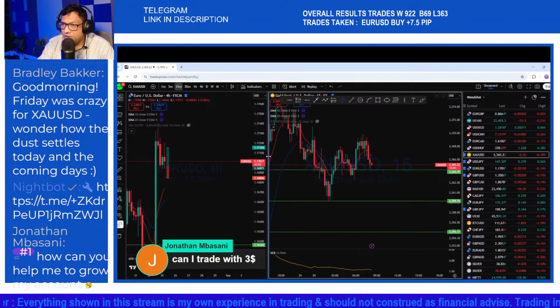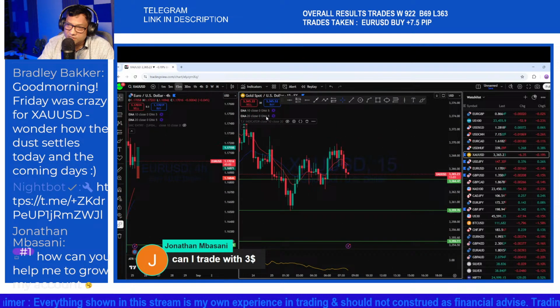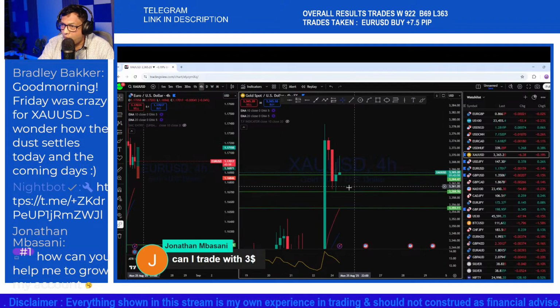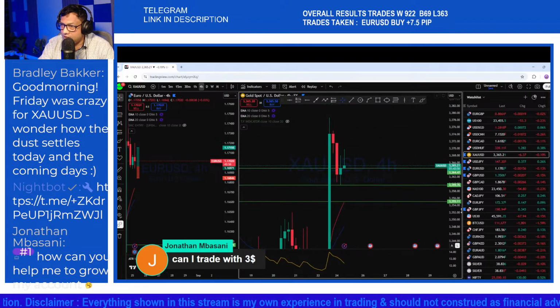Now, looking at gold, what's happening is that this market, if you look at the 4 hour, is approaching that 4 hour support like the euro dollar.